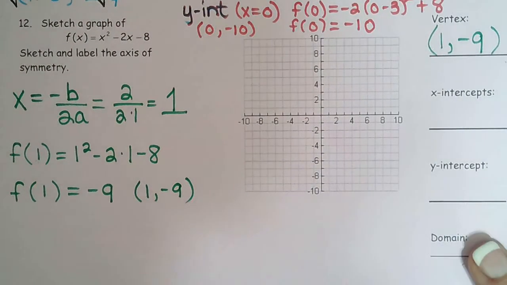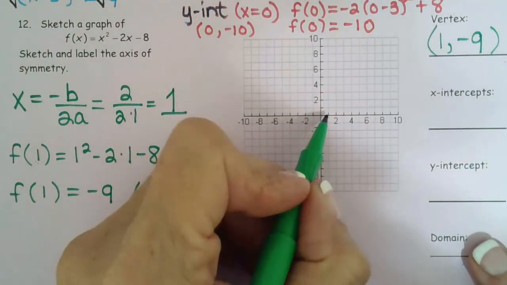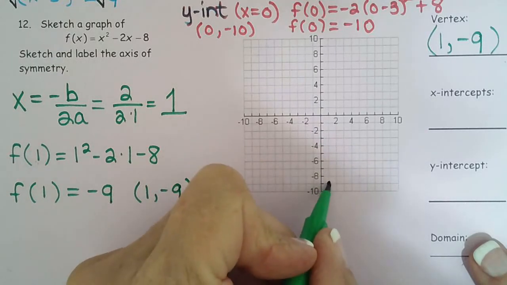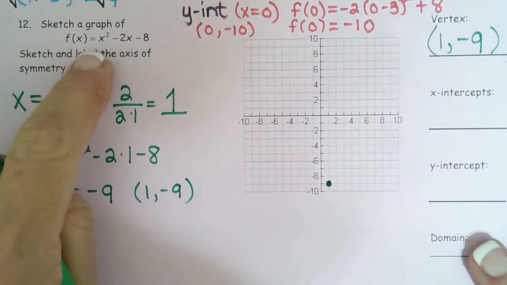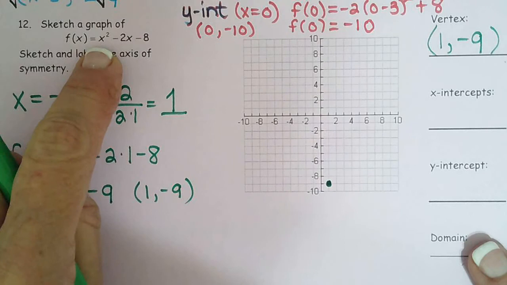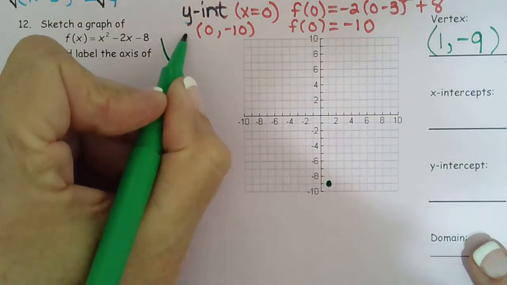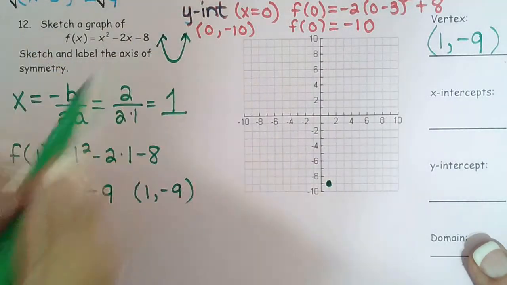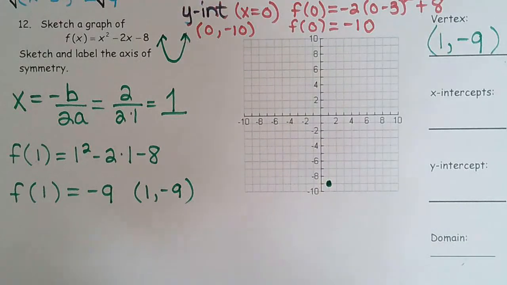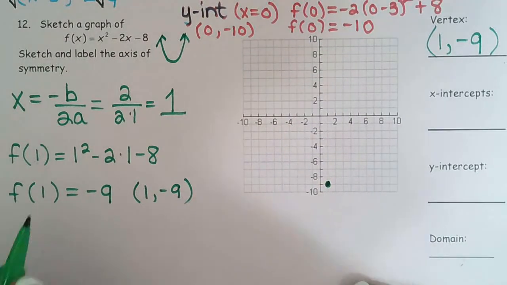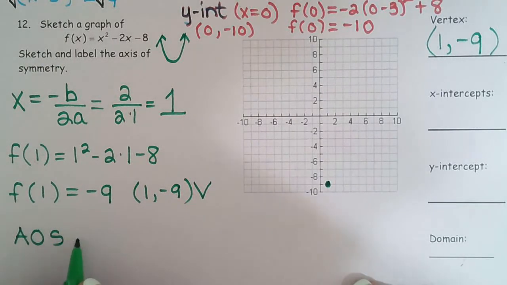Okay, so let's go ahead and put that on the graph. So 1, negative 9 would be right here. This parabola has a leading coefficient that's positive, so we know that means it's going to cup upward. And let's go ahead and draw on our axis of symmetry. Let's write it. So axis of symmetry, oops, I forgot to label this as the vertex. Axis of symmetry is always x equals whatever the x is.